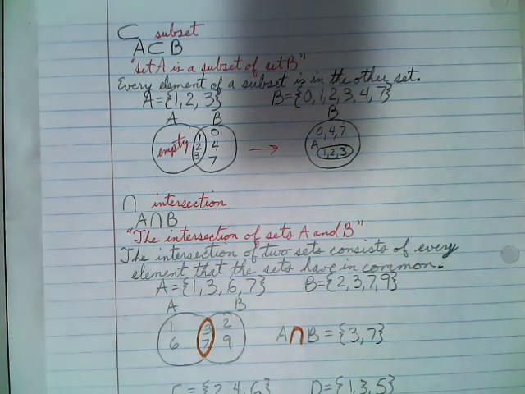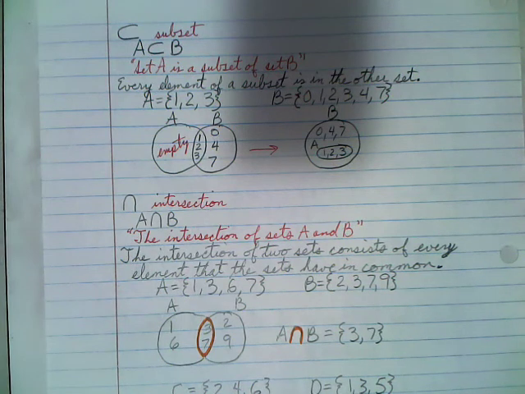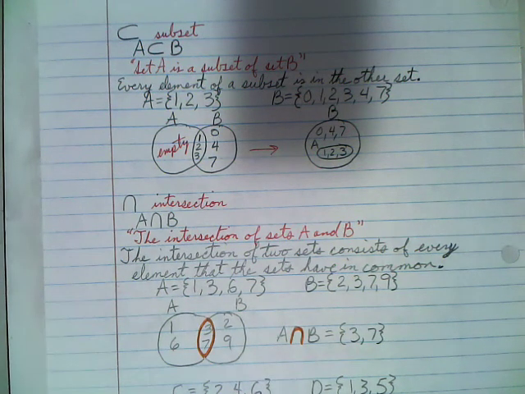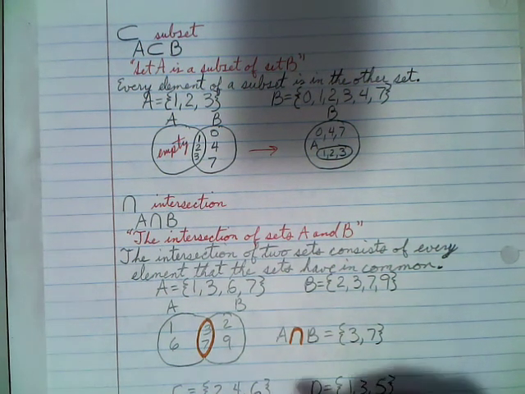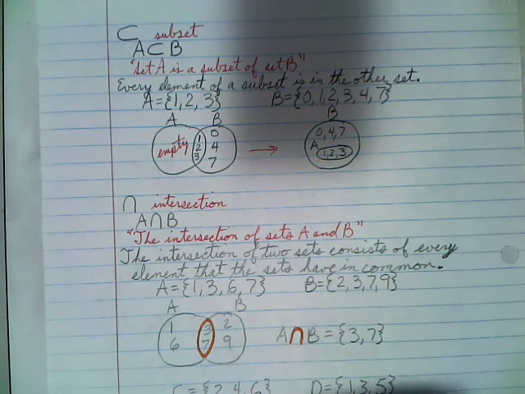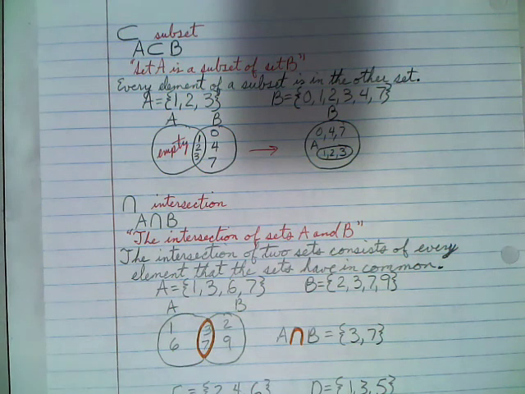So remember, ladies and gentlemen, when we write C intersect D, the intersection of C and D, the intersection here is going to be where they overlap. Well, these two don't overlap.